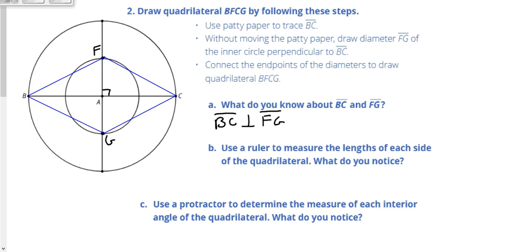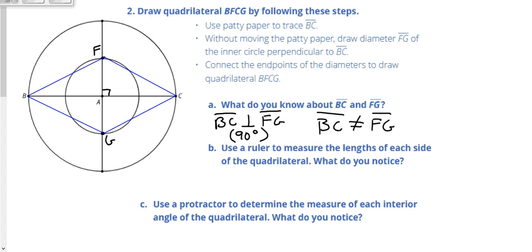Perpendicular means that it meets at a 90-degree angle. And because one is the diameter of the smaller circle and one is the diameter of the larger circle, we know that BC is not equal to FG.